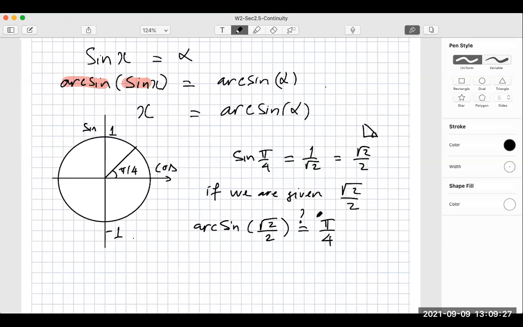Okay. You see the difference between sine and arcsine? For sine, we are given the angle and we need to find the value. For arcsine, we're given a value and we need to find which angle gives us that value. Okay?